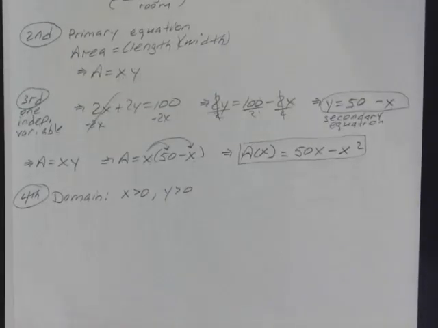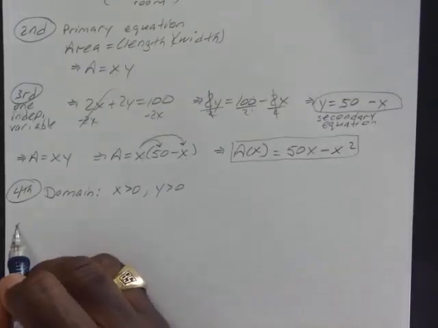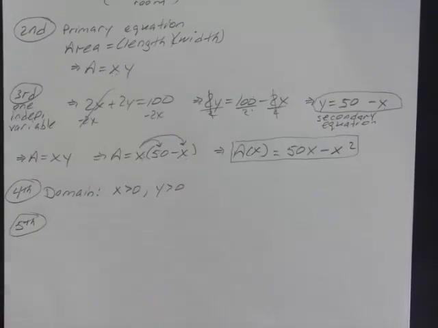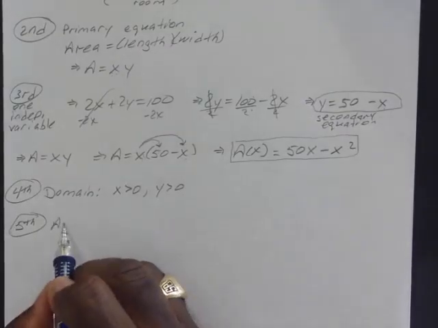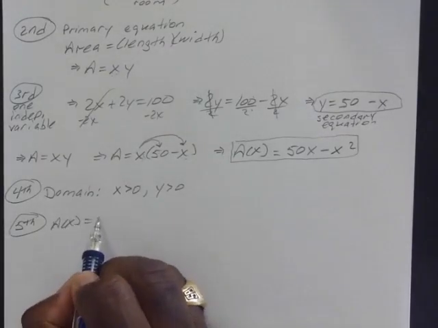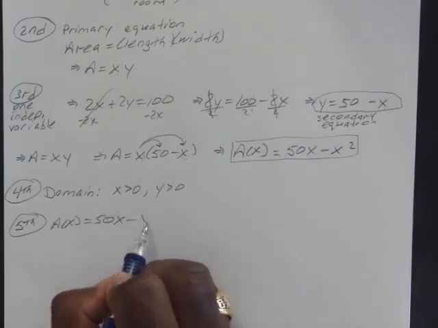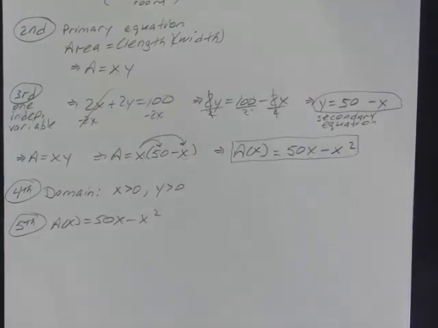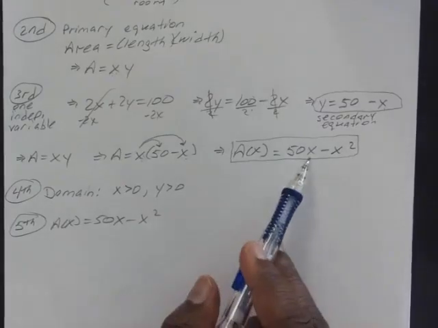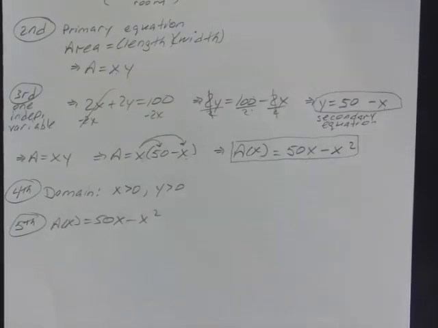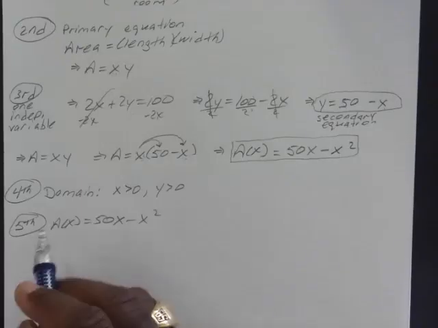Okay, so now for our fifth step, we take our function, which is equal to 50x minus x squared, and we find our derivative so we can find our minimum or maximum, well, maximum in this case.